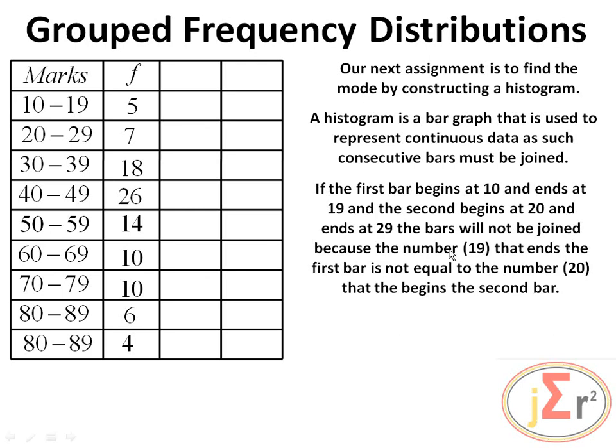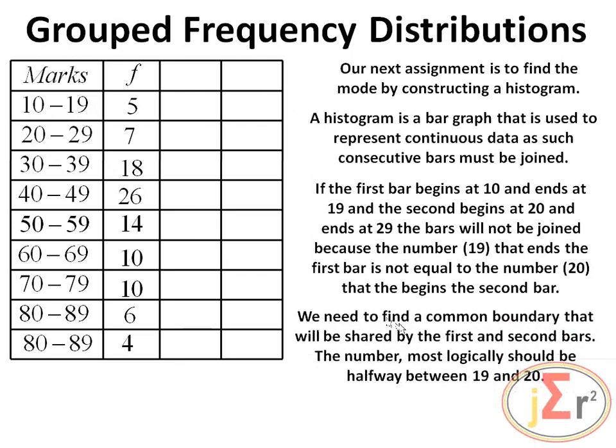Of course, the first bar begins at 10 and ends at 19. The second bar begins at 20 and ends at 29. Because 19, where the first one ends, is not equal to 20, where the next one begins, we are sure that the bars will not be joined.